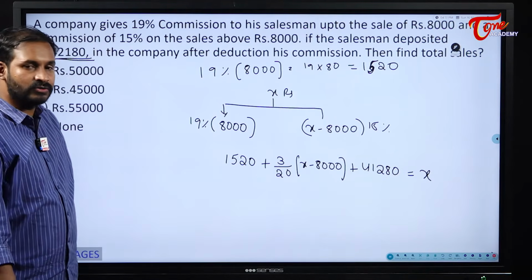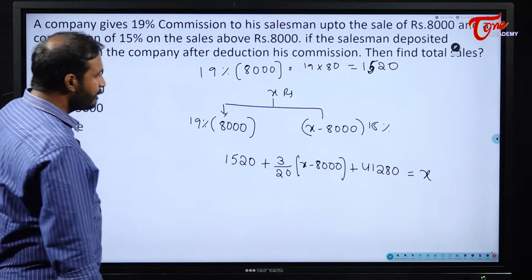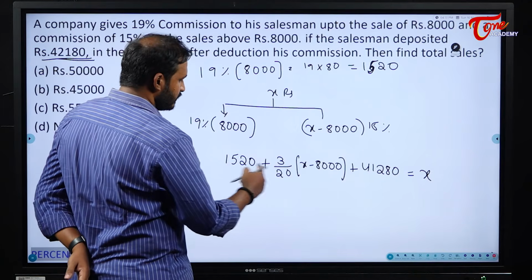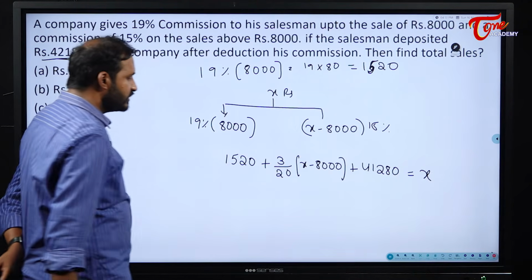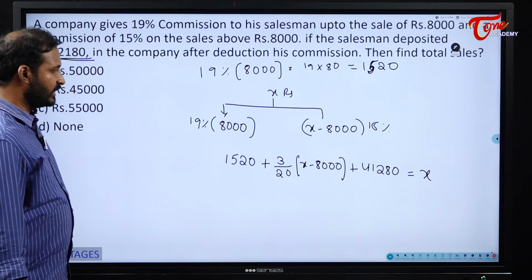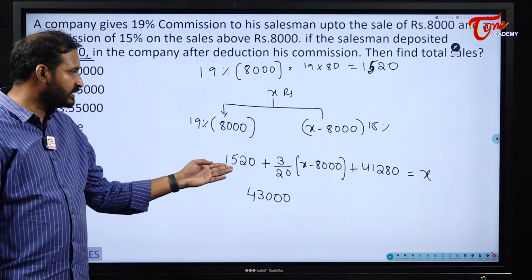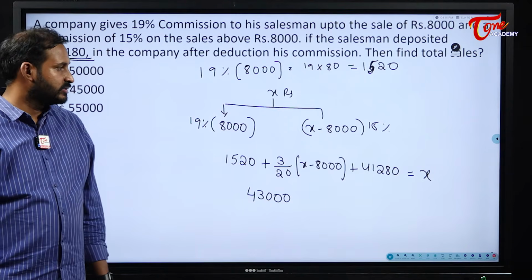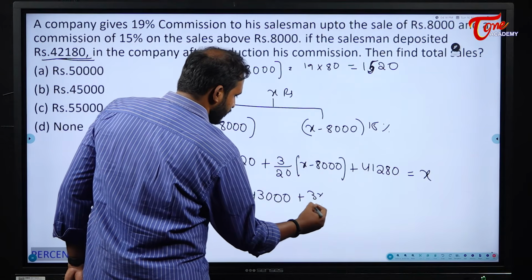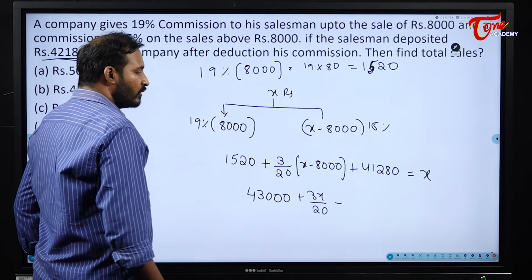That will be equal to his total sales X. Now solve this. 41,280 plus 1520 gives 43,000 minus... 3x by 20 minus 1200, equal to X.